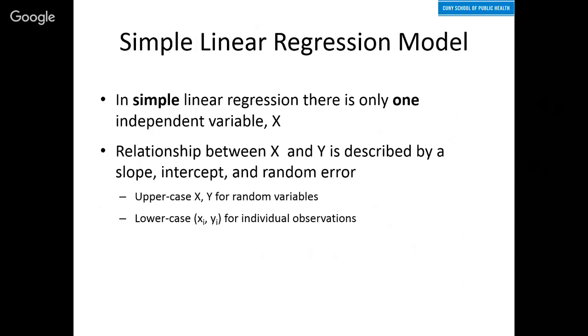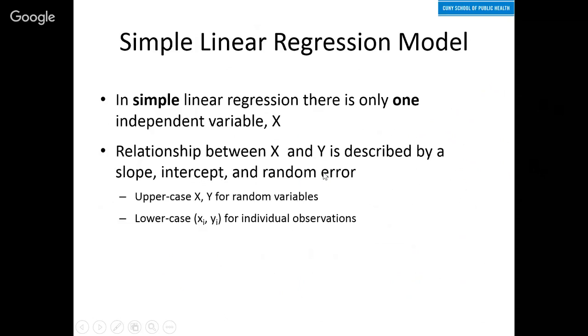Simple linear regression is when there's only one independent variable. Multiple linear regression is where you have more than one independent variable. And in simple linear regression, the relationship between our predictor and our response is described by the slope, the intercept, and a random error term.